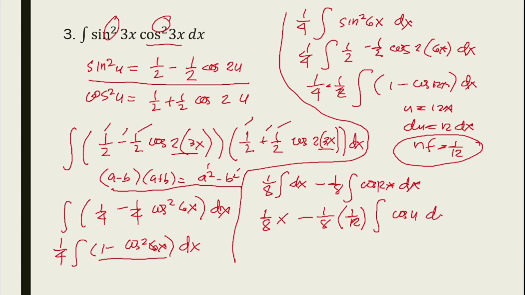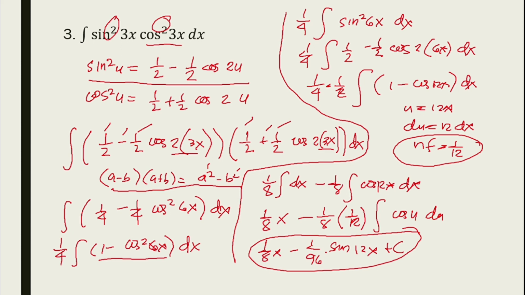So 1/8 x minus 1/8 and 1/12 is 1/96. And the integral of cos u du is equal to sine u. So sine 12x plus c. So this is the answer for number 3, which is case number 3 also.